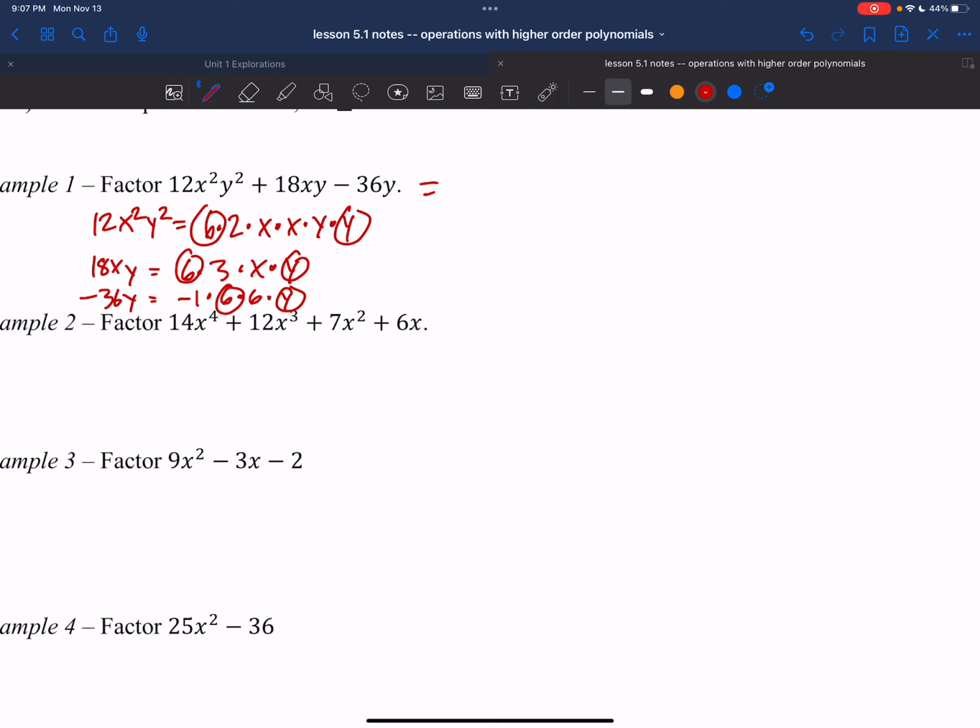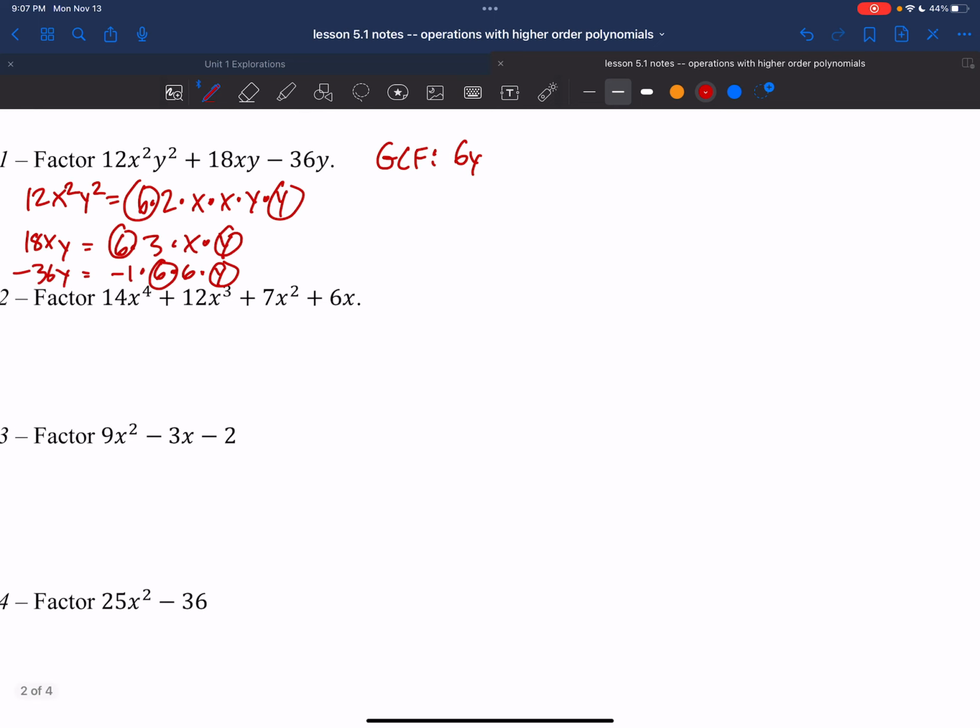So I'll label this: the GCF is 6y. So we're going to factor 6y out of this. This is equal to 6y times, and then you just think of it like division, right? 6 times 2 gets you 12, so I put a 2 here. I'm missing that x squared, and it's y squared, so I need y times y, which is that extra y left behind there.